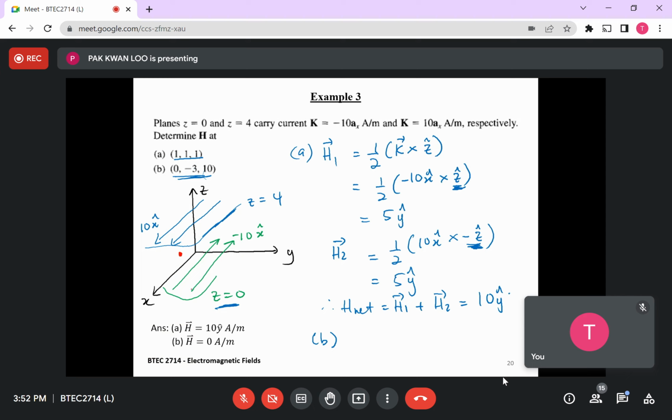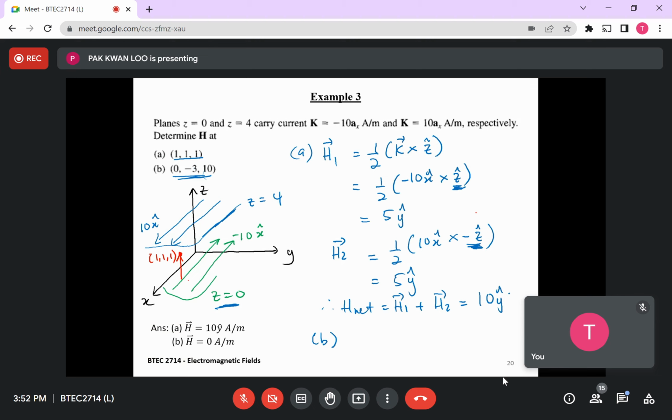From the plane at z equals 0 to the point of interest 111, it is pointing in the positive z direction. On the other hand, at z equals 4, from the plane to the point of interest, it is pointing in a negative z direction. Therefore I get negative z.